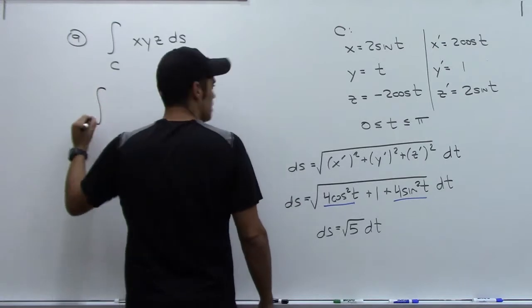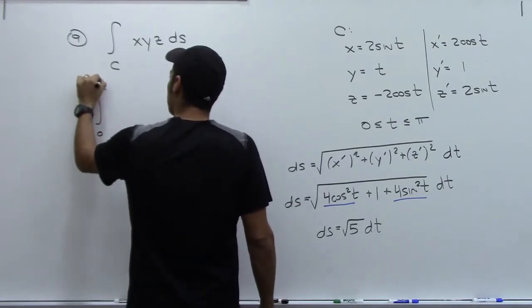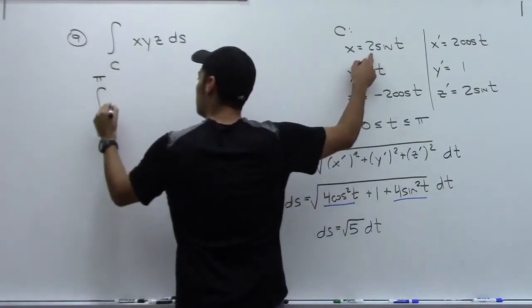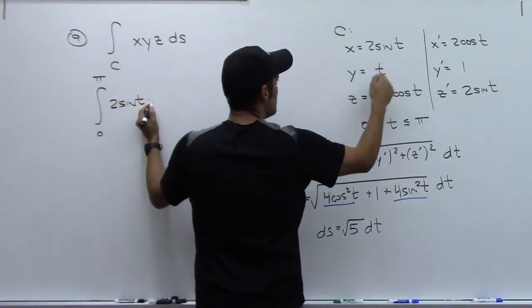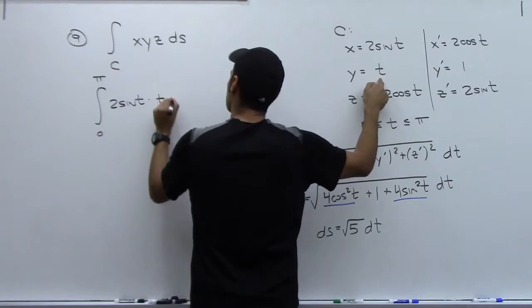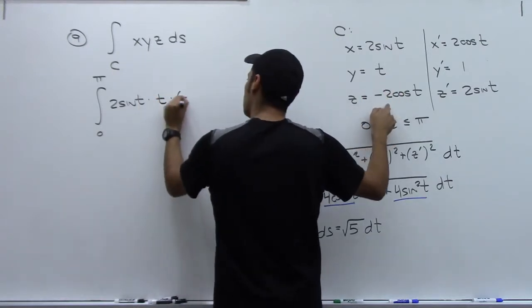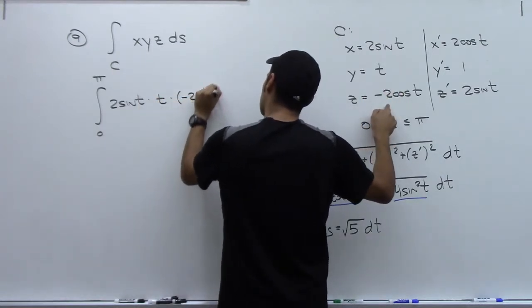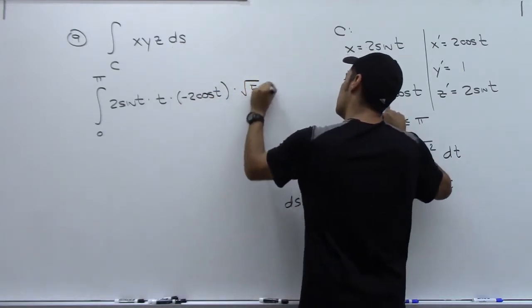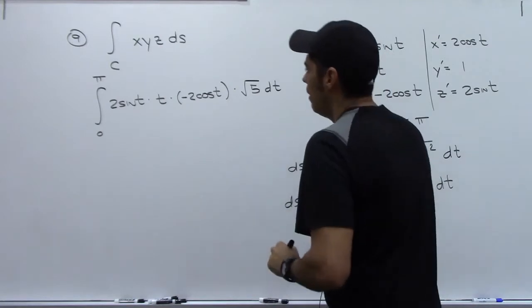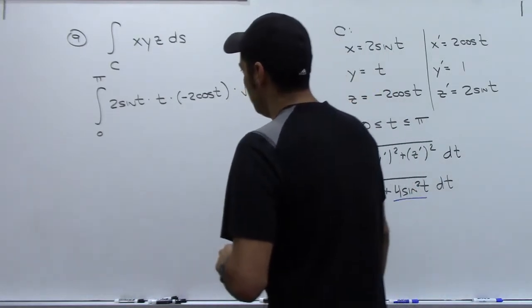So this integral is going to turn into 0 to pi, x, which is 2 sine t, times y, which is t, times z, which is negative 2 cosine t, times ds, which is root 5 dt. And, oh, I see something.